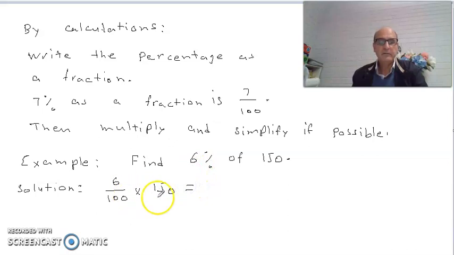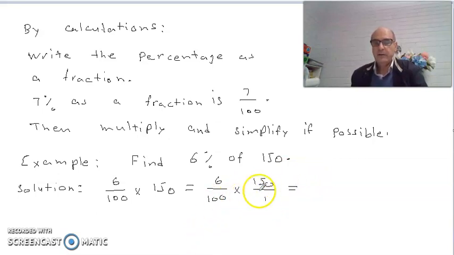Okay, now we are going to do this multiplication. Remember, 150 means 150 over 1. Any whole number can be written over 1, so we change it into a fraction.